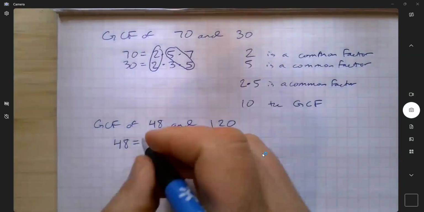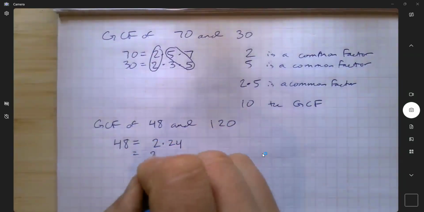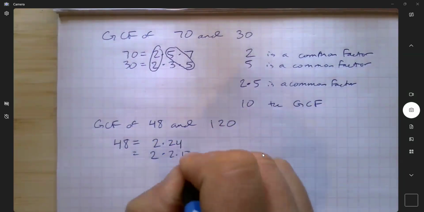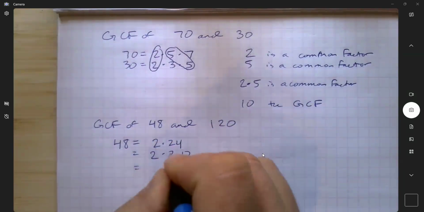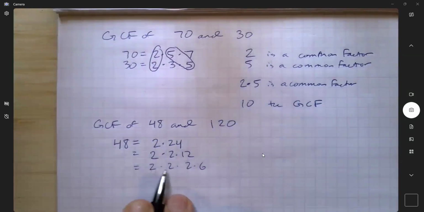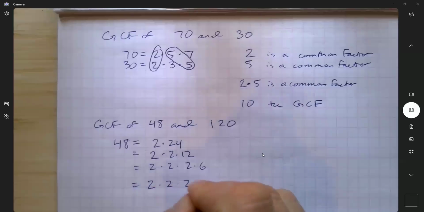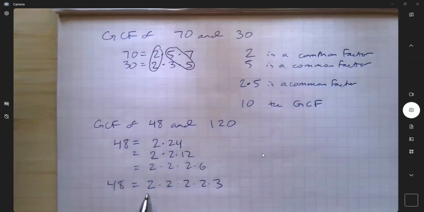Well, I know 48 can be divided by 2. And 24 I can divide by 2 again. Notice how I keep track of my factors each time I'm splitting them off. So 48, if I wrote it as a product of its primes, would be 2 times 2 times 2 times 2 times 3.